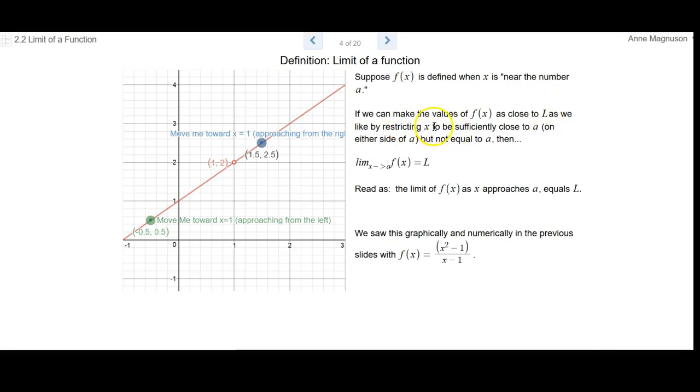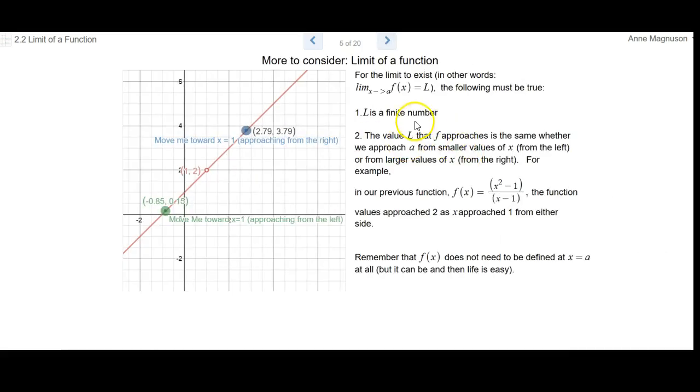If we can make the values of f as close to L as we like, in this case L is 2, by restricting x to be sufficiently close to a, in this case a is 1, then we say the limit as x approaches a of f of x equals L. So in our example, x is approaching 1, so we have a equals 1, and the y values are approaching 2, so L is 2.